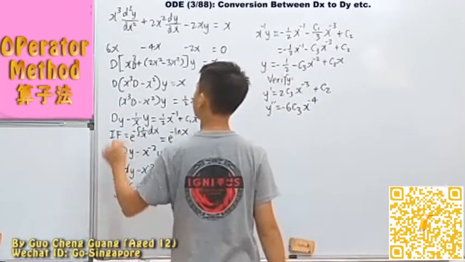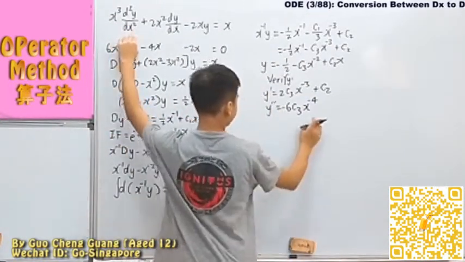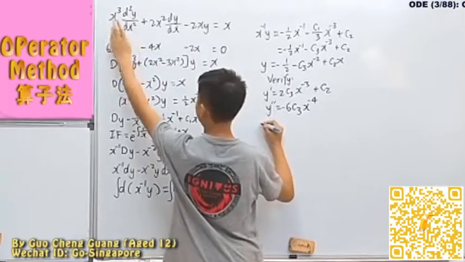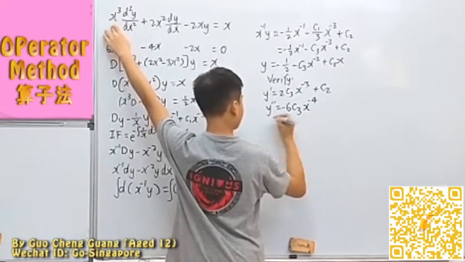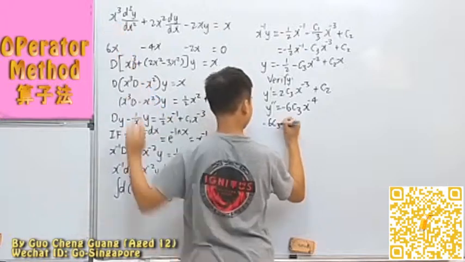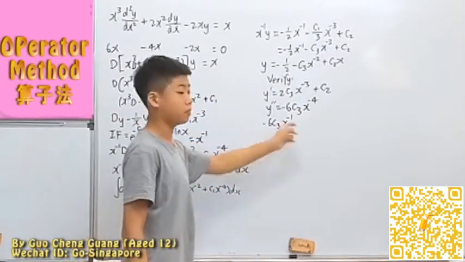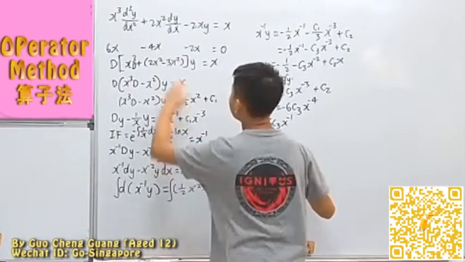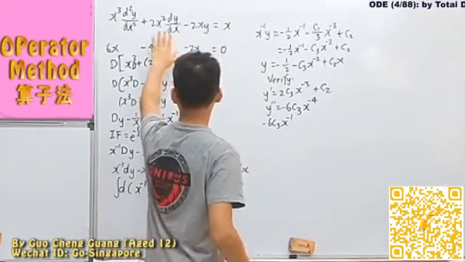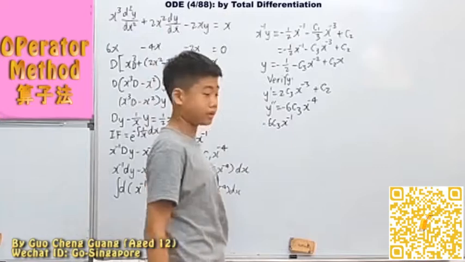So, firstly, second derivative, you only need times x cubed. So you get this, a negative 6c3x to the power of negative 1. Then, your first derivative, you have to times 2x squared.